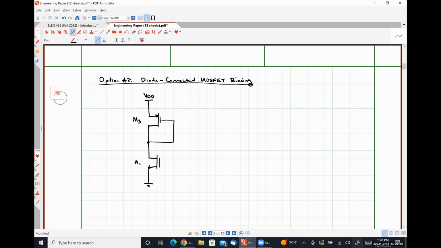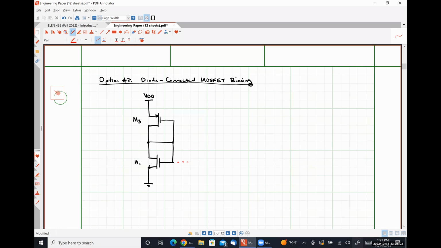So that means the gate of M3 is actually tied to the gate of M1 as well, since our diode connection means that we need our drains and our gates tied together. Okay, so this is intuitively interesting, I think. And then there's another interesting aspect of it.